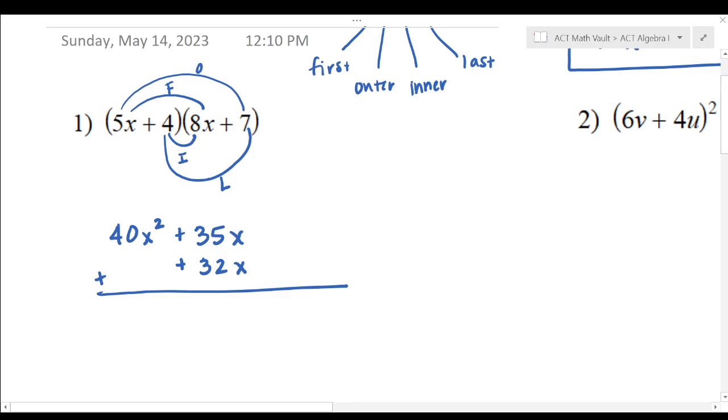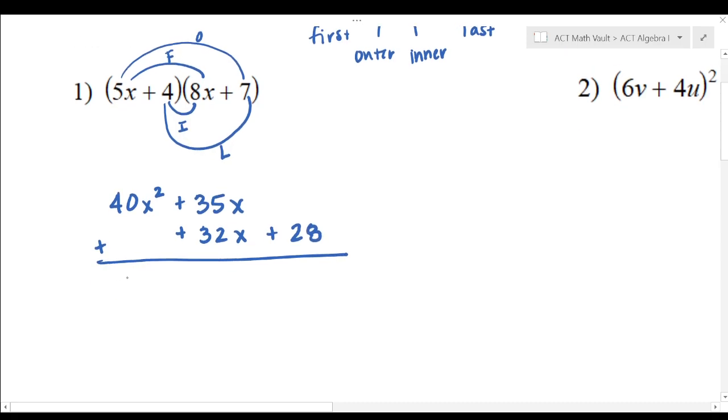So the 32x needs to go under the 35x so that I can combine those two and get my final answer. First though, let's do the 4 times the 7, which is 28. And now it's time to add straight down. 40x squared plus 67x plus 28.